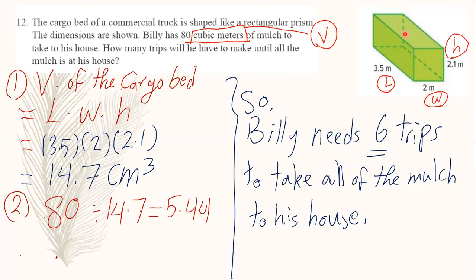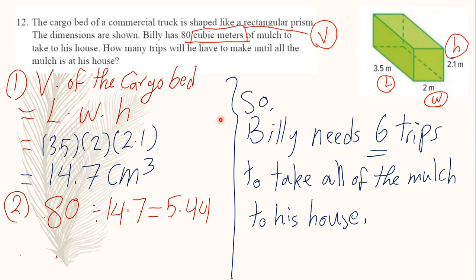So step 1, find the volume of the cargo bed, which is a rectangular prism: length times width times height, 3.5 times 2 times 2.1, which is 14.7 cubic meters. And we said we need to divide the 80 cubic meters by this volume to know how many times it needs to be moved to the house.